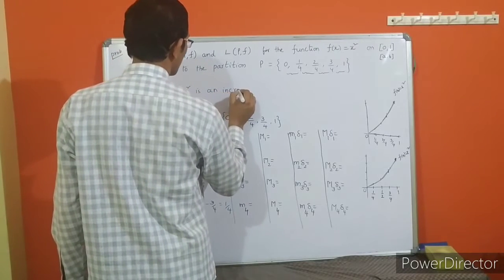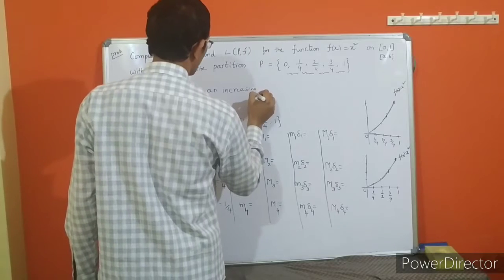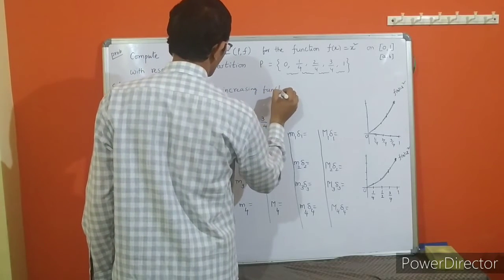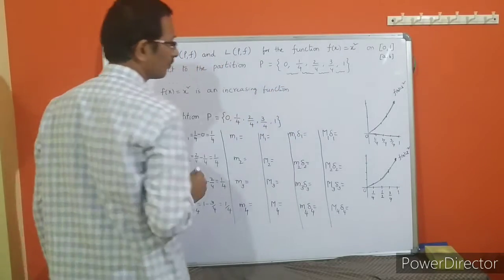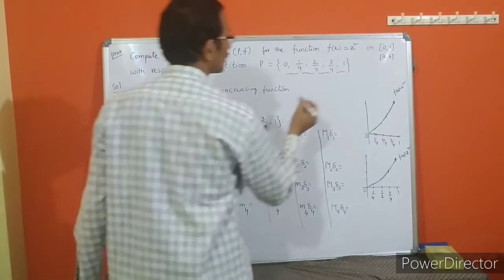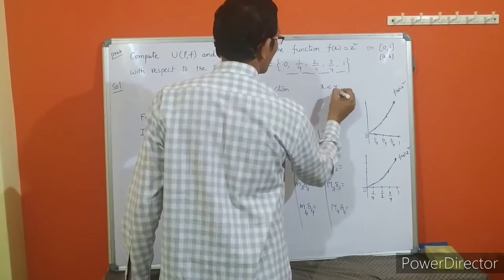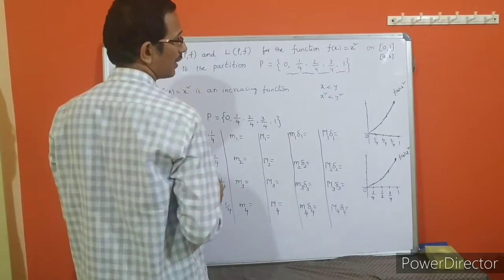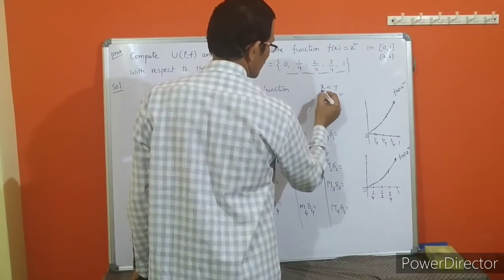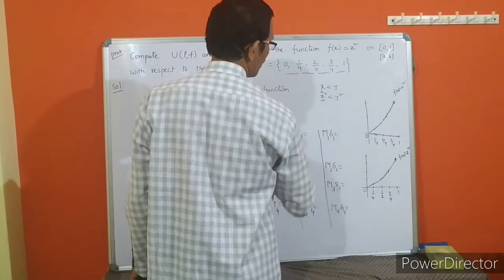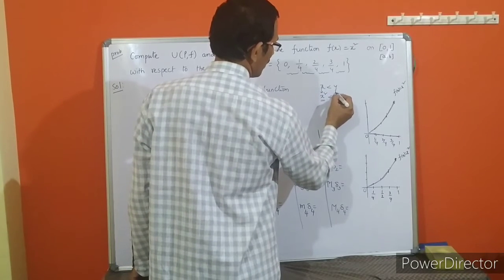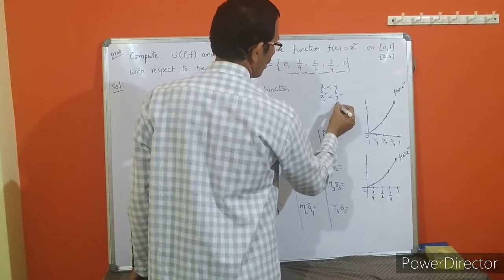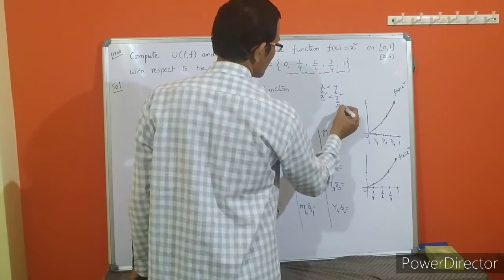See the graph, you can observe it. Increasing function, because if x is less than y, x² is automatically less than y². Right? That means for a small value of x, you will get a small value of f(x). For a big value of y, you will get a big value of f(y).